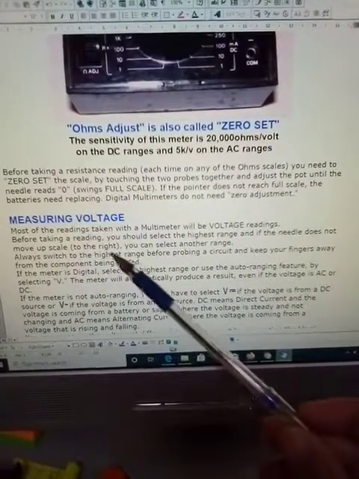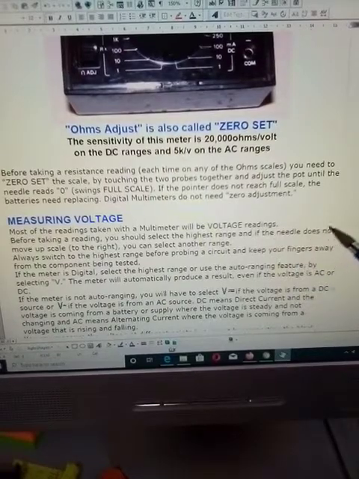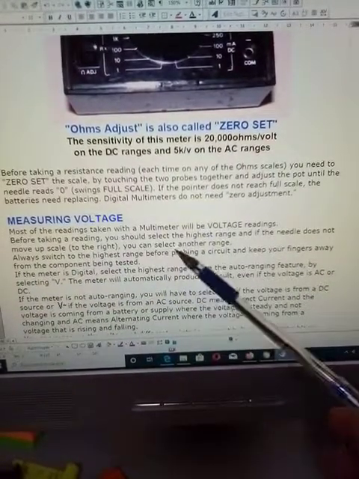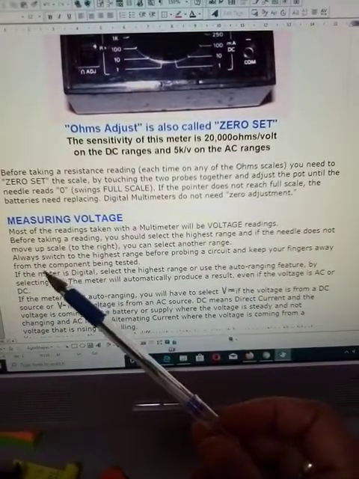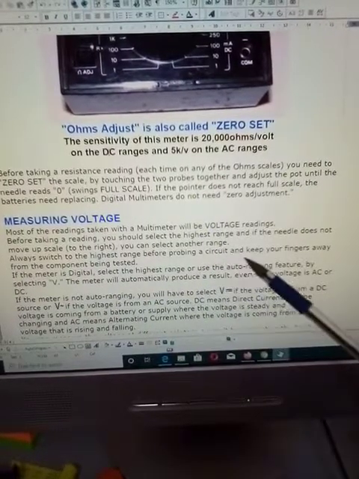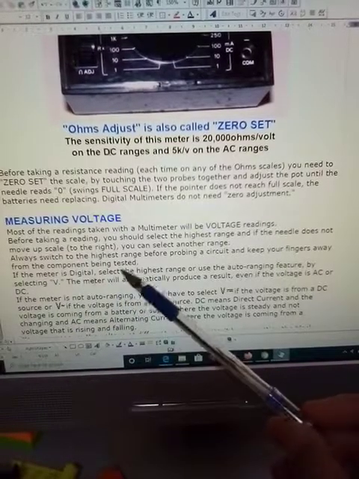Before taking a reading, you should select the highest range, and if the needle does not move up scale to the right, you can select another scale. Always switch to the highest range before probing a circuit, and keep your fingers away from the components being tested.